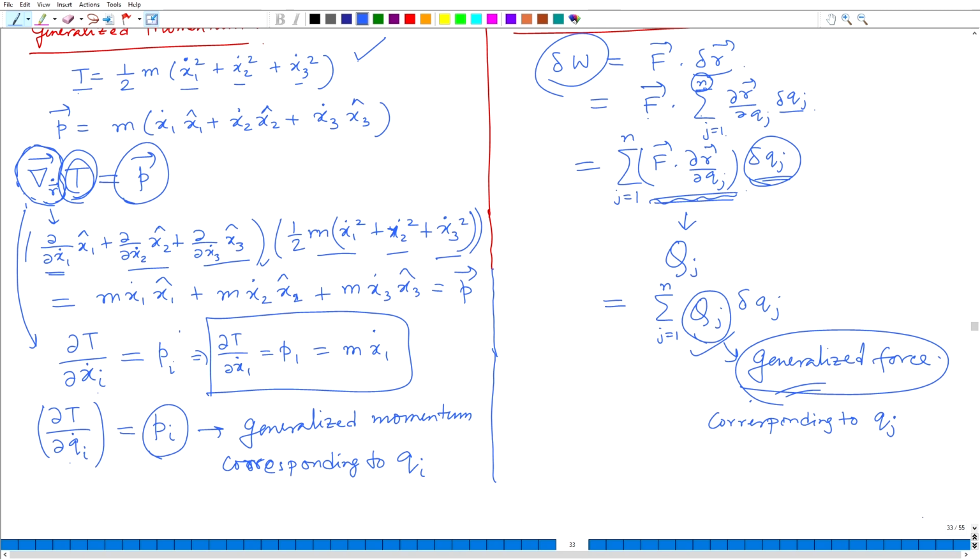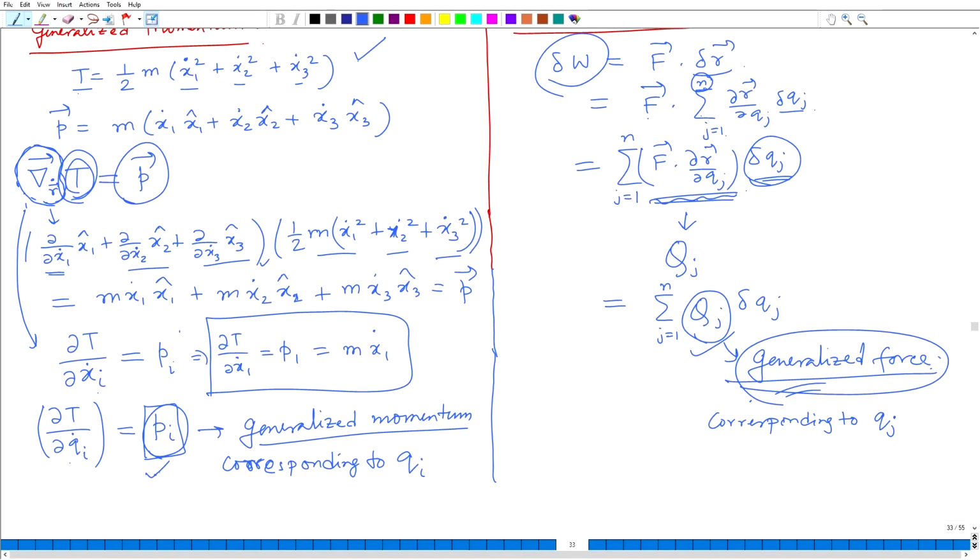Now, in both cases you will see that we are just deriving a scalar, both for generalized momentum and generalized force, whereas in general force and momentum are usually vectors. But here, for a system, one generalized coordinate can be of the nature of distance, another one can be an angle, so the two momenta will not be of the same nature as well. One can be a linear momentum, another can be an angular momentum.